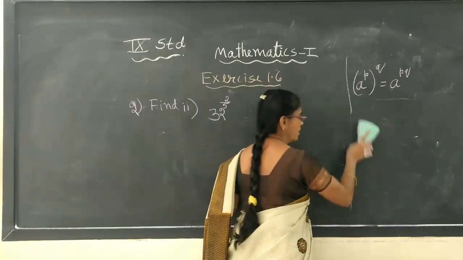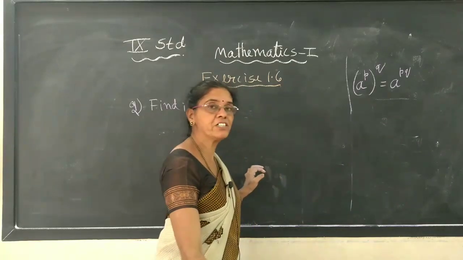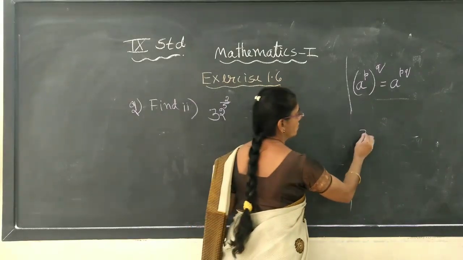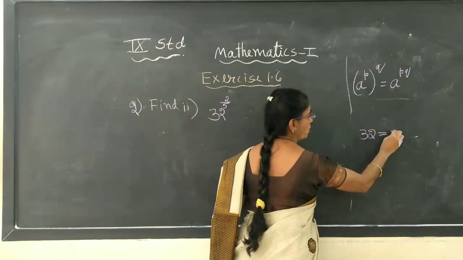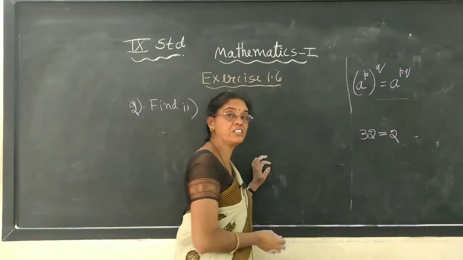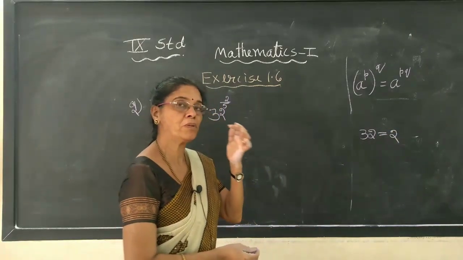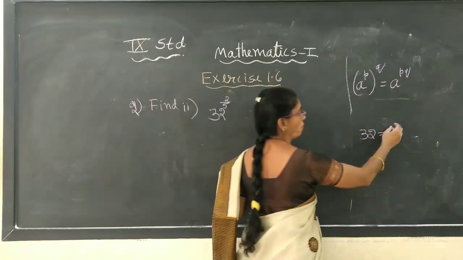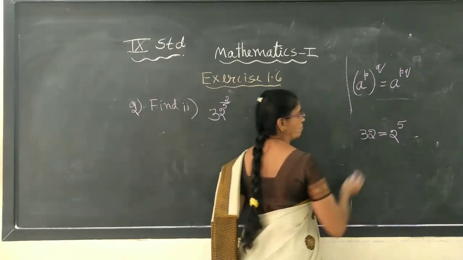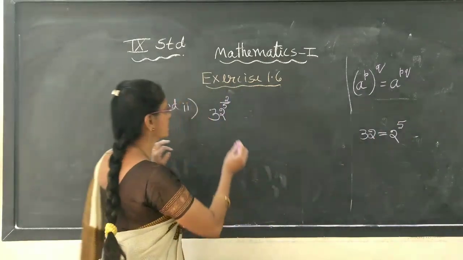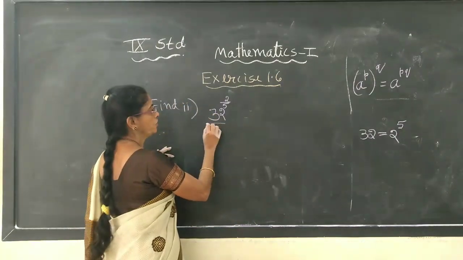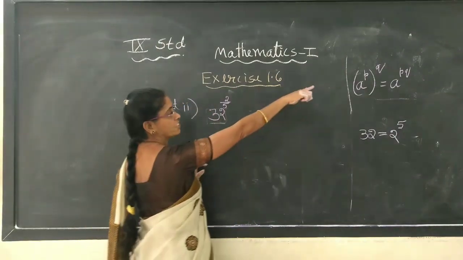We did just in the first problem, 32 is equal to which number? 2 to the power of how much? Just we did in the previous problem. 32 is nothing but 2 to the power of 5. Right? Now this 32 you change into exponential form and apply this rule.